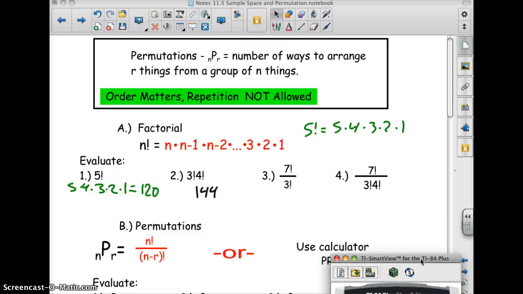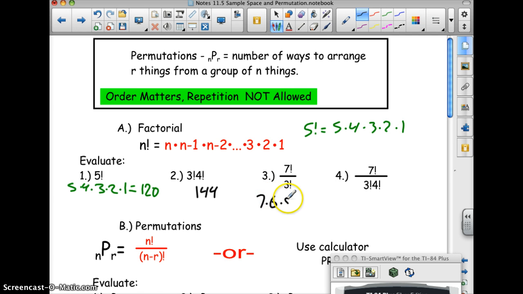All right, 7 factorial over 3 factorial. This is what I wanted to show you. 7 factorial is 7 times 6 times 5 times 4 times 3 times 2 times 1, over 3 factorial, which is 3 times 2 times 1. This 3 times 2 times 1 is a common factor that can be canceled.